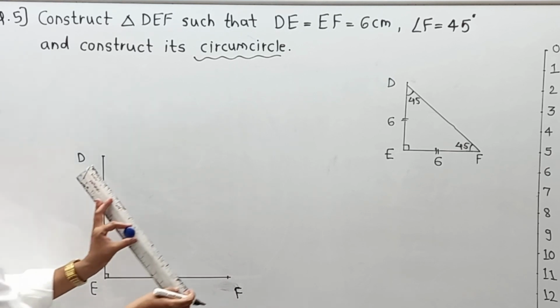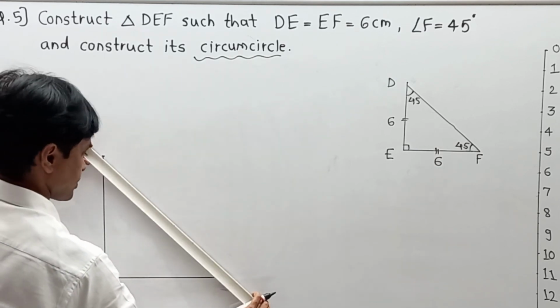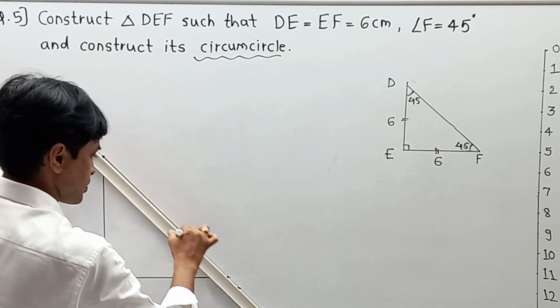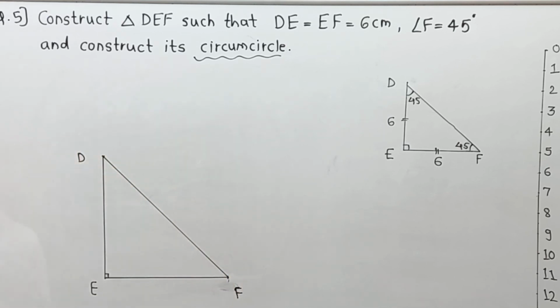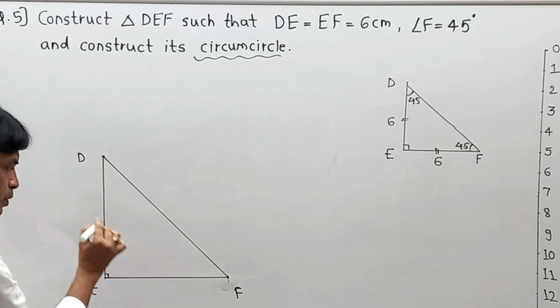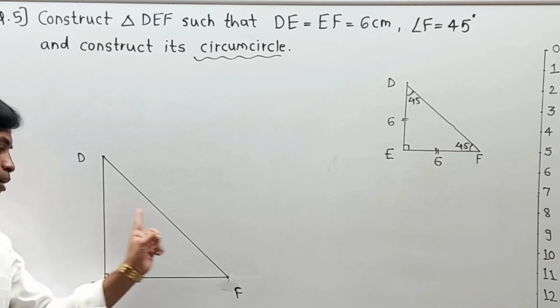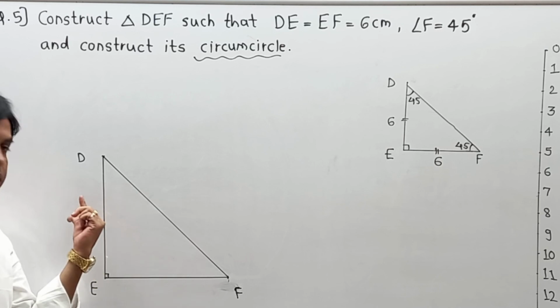And finally we have to join DF over here. Now definitely you can mark DE equal to EF as 6 centimeter. But one little problem is that I have to draw perpendicular bisectors on both sides, so I am not going to indicate this part.